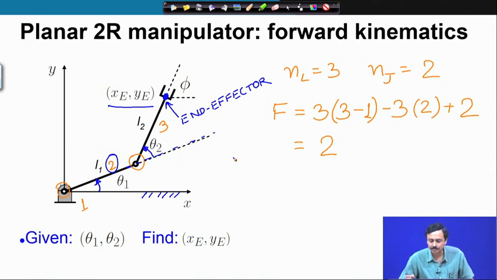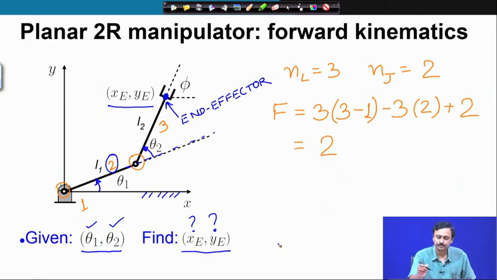So, these are the 2 degrees of freedom, and there are two inputs, theta 1 and theta 2. So, the forward kinematics problem states that given theta 1 and theta 2, find out the location of the end effector. So, given theta 1 and theta 2, find out the position of the end effector. That is the forward kinematics problem.